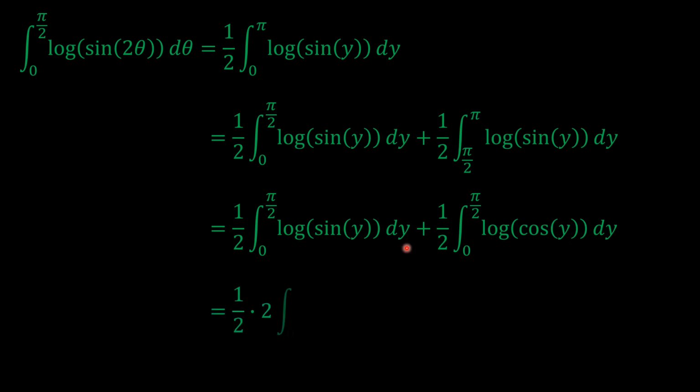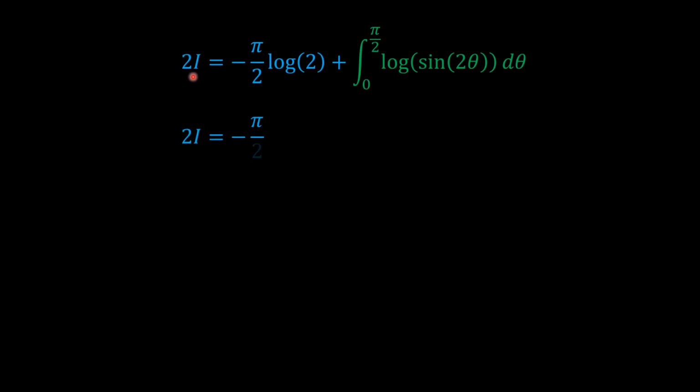And so since we already know that these are the same integral, that becomes half times 2 log sine y, and so this is the same as I. So back to our integral here, the 2I we had originally means that we have a hidden I here. And so we can subtract I from both sides. So I is equal to negative a half pi log 2. And this is what we wanted to prove all along.